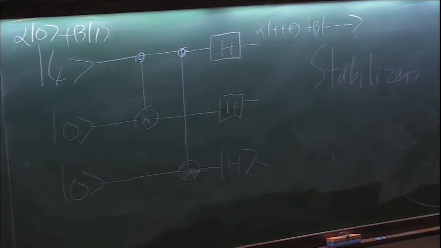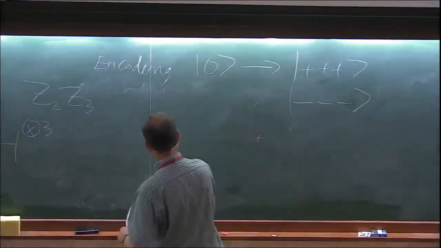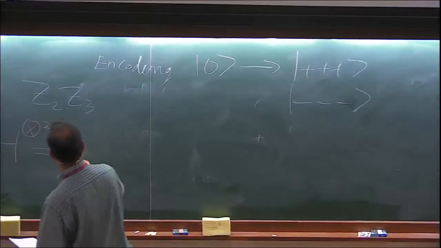So we have to put in Hadamards, and I write times 3, because there are 3 qubits. This will be, say, the first of those stabilizers. This other one will be just the same.